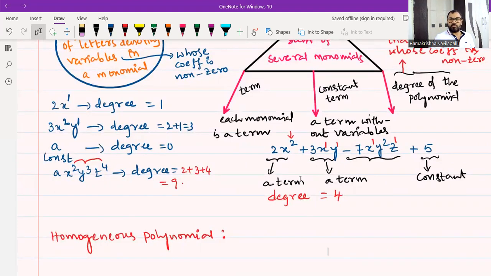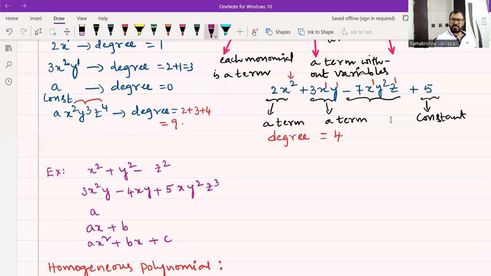Several variables means more than one variable. So here I am providing some more examples. So here this is a polynomial because it is a sum of several monomials.